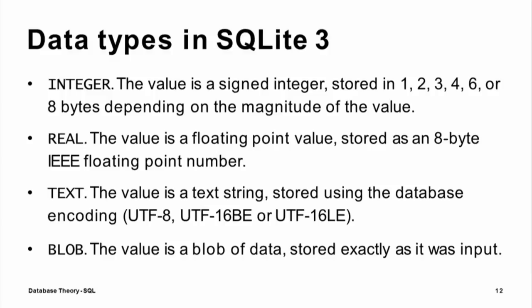If you are running out of memory, or you know that you are going to run on a machine that has a very little RAM or hard disk, just remember that a real is stored as an 8-byte float. It actually takes up 8 bytes. And the integers range between 1 and 8 bytes, depending on its magnitude. How large is it?